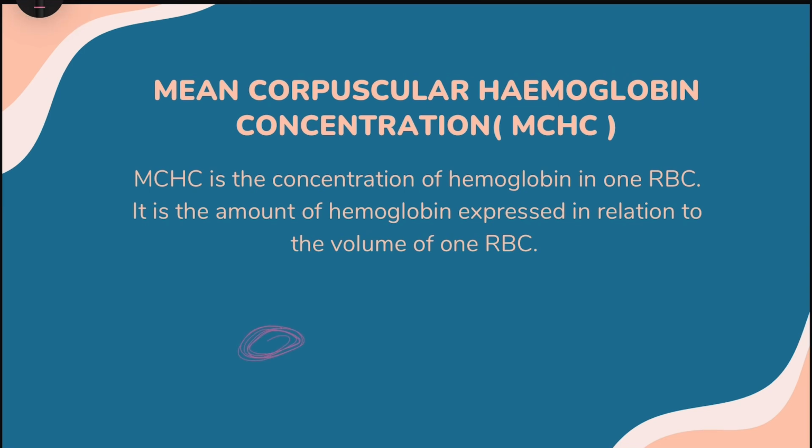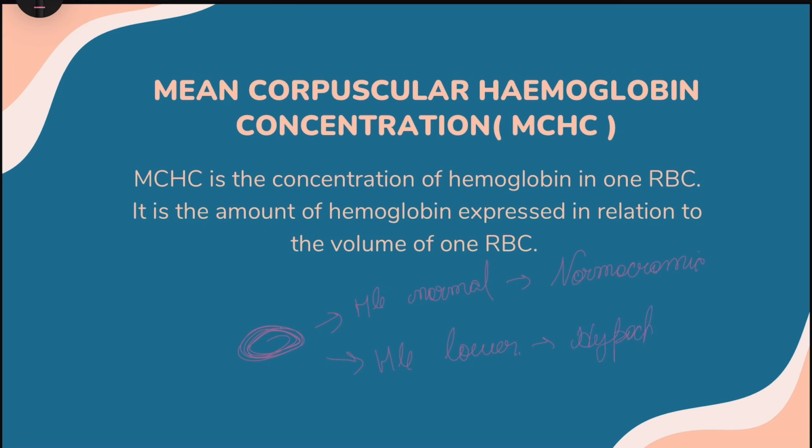So there can be two conditions: either the hemoglobin concentration is of normal value, or the hemoglobin concentration is of lower value. In cases where the hemoglobin is found to be normal, it is known as normochromic, and in the other cases where the hemoglobin concentration is lower, it is known as hypochromic.